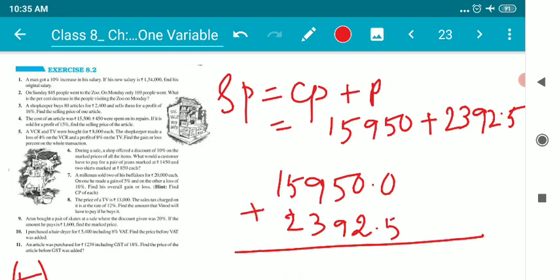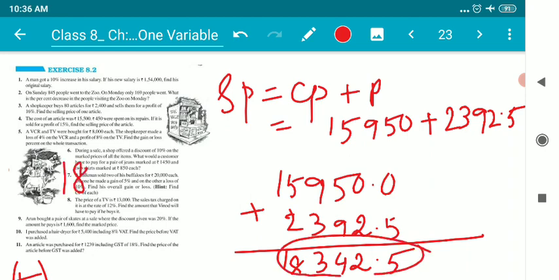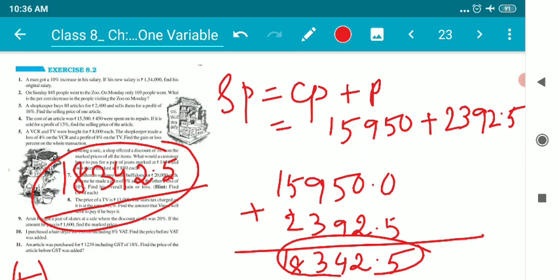Just add them up. We get 18,342.5. This is the selling price. 18,342.5 rupees is the selling price of the article. I hope it's clear to everyone. Using this process, we have to calculate this answer.